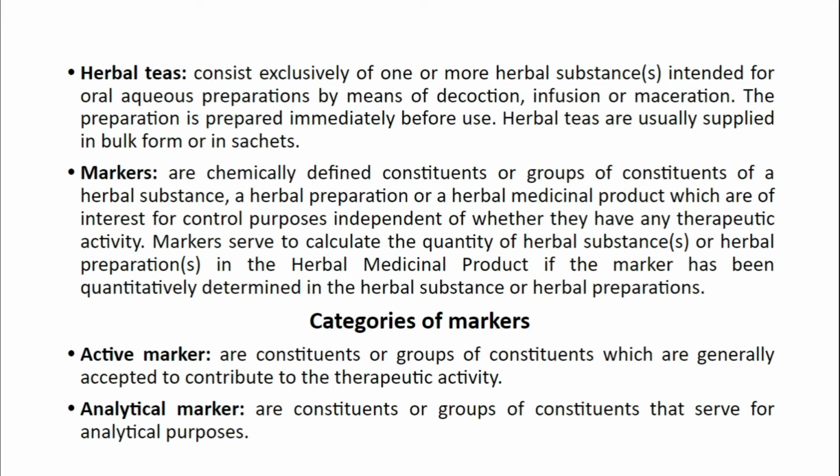So let's take an example. Suppose we have a leaf, it has some medicinal property, and we are boiling that leaf and making a solution. So that's a herbal preparation.